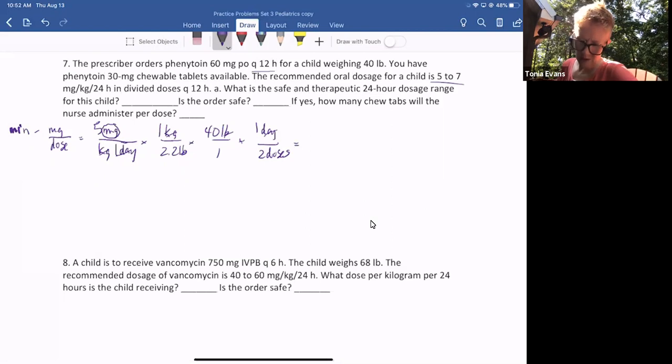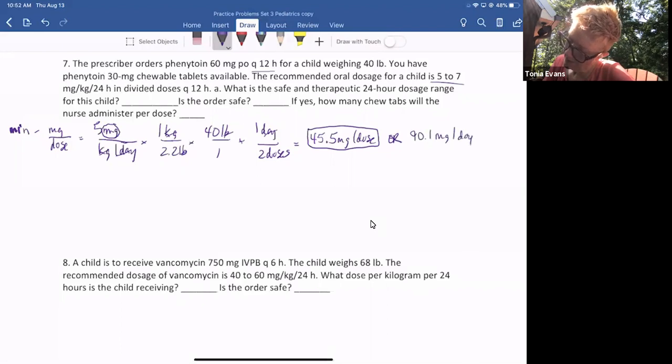By 2 equals 45.5 milligrams per dose. That's our minimum. Or 90.1 milligrams per day. I just multiplied it back.